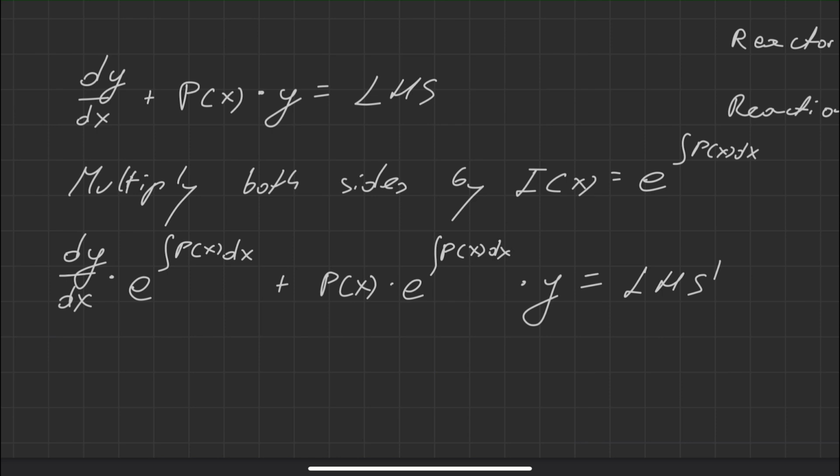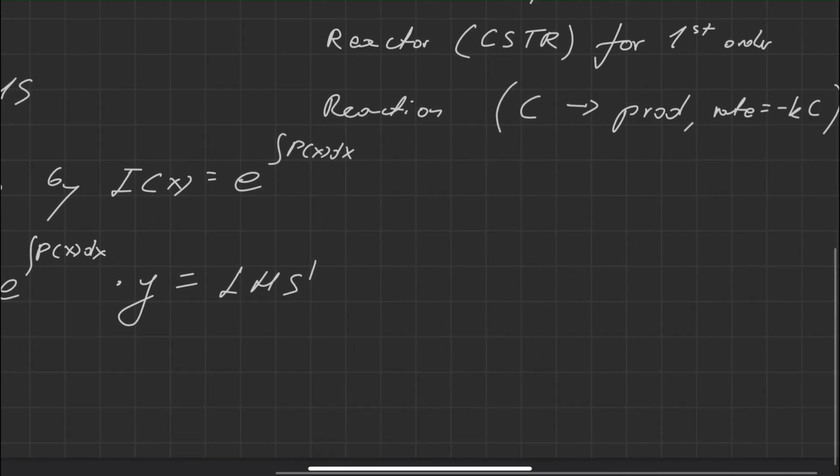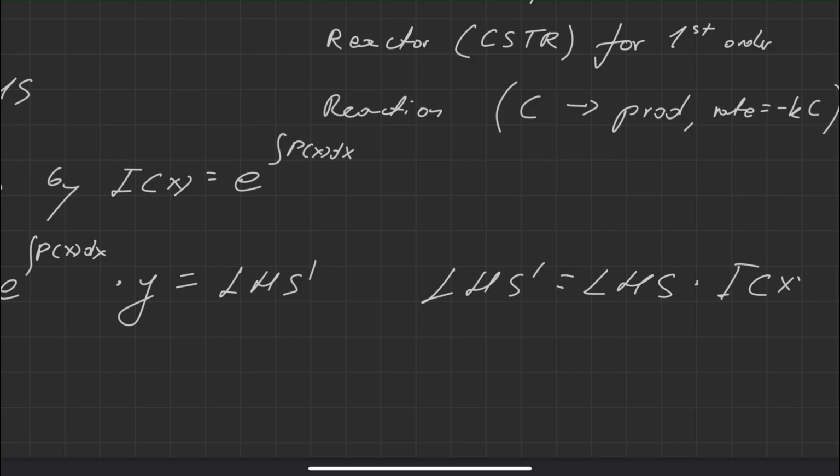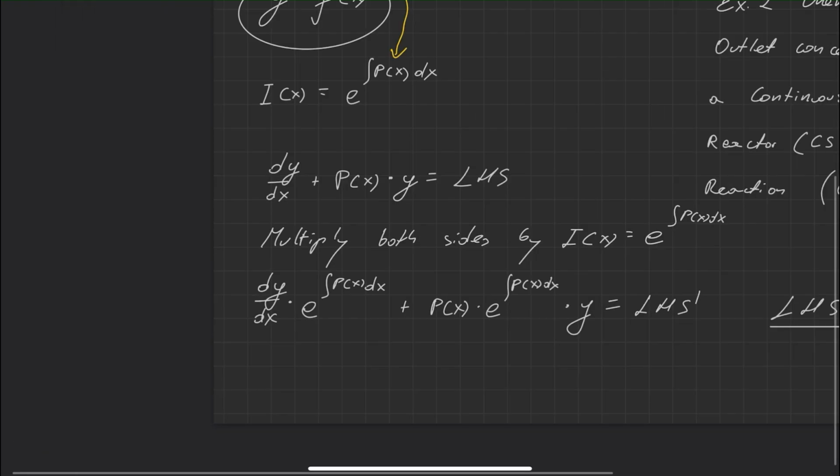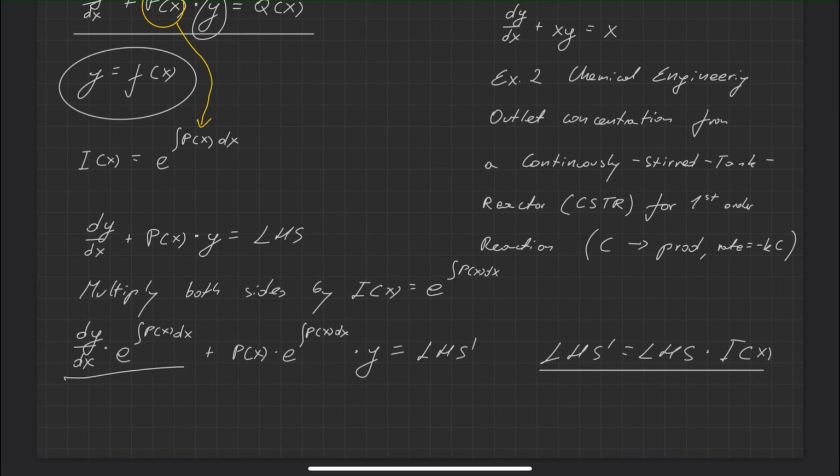So LHS prime will be nothing else than our left-hand side multiplied by our integrating factor. This is something that we don't really care about for now. What we do really care about is this left-hand side here.